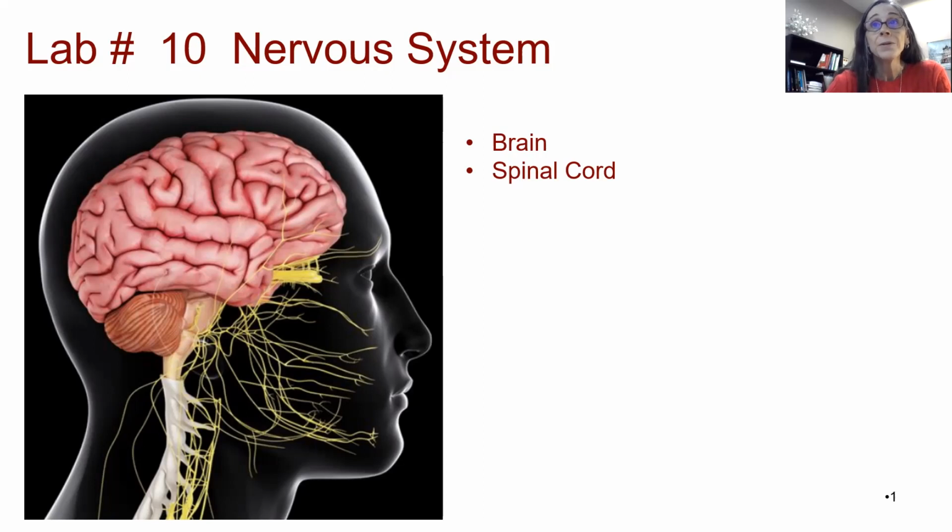The other type of sensory receptors is visceral sensory receptors, and they monitor the internal conditions and the status of other systems. Remember, all of this really works together to maintain homeostasis.